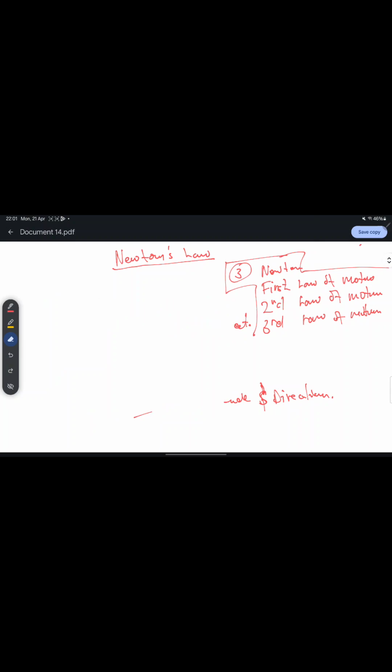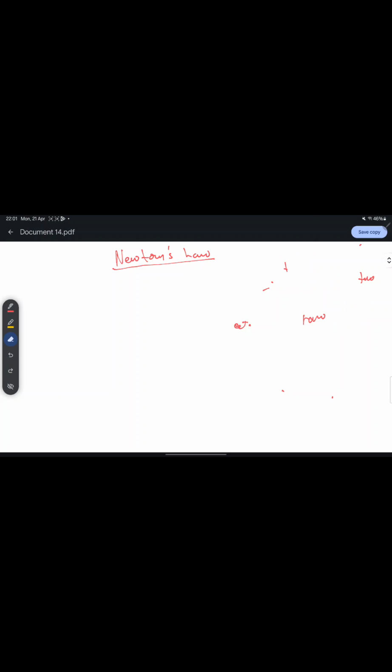The applied force is the force that is being applied to an object, like pushing, pulling, or an engine force. It is a force that is being applied to an object. Force applied, or an applied force, is denoted as FA.